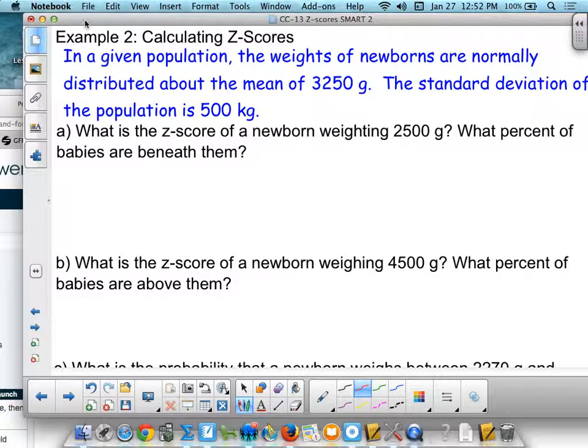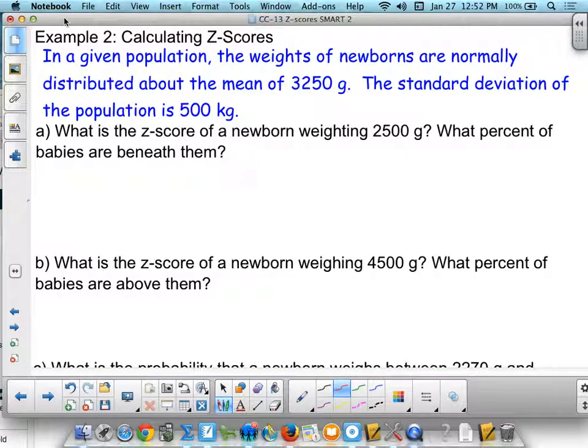Okay, homework. Calculating z-scores. In a given population, the weights of newborns are normally distributed about the mean. The mean is what? 3,250 grams. That's what a newborn baby weighs. Okay, the standard deviation of the population is 500, not kilograms, just grams.